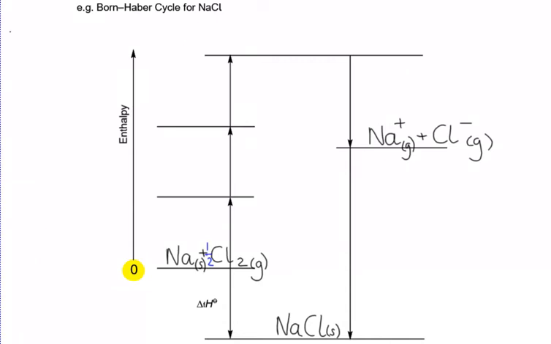So we're going to atomize the solid metal, then we're going to atomize the non-metal, then we're going to ionize the thing that needs to become a positive ion, and then we're going to do electron affinity to the thing that needs to become a negative ion. Now if a lot of those words seem unfamiliar, you need to go back to lesson 2 and go through those definitions again. Atomize, atomize, ionize, electron affinity.